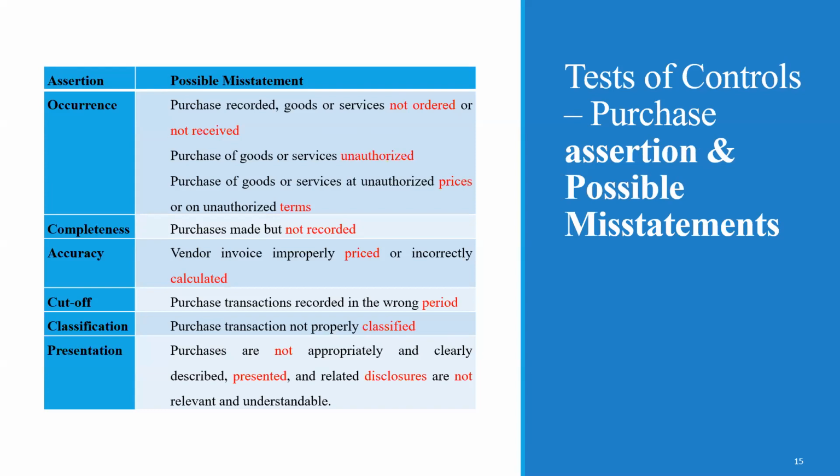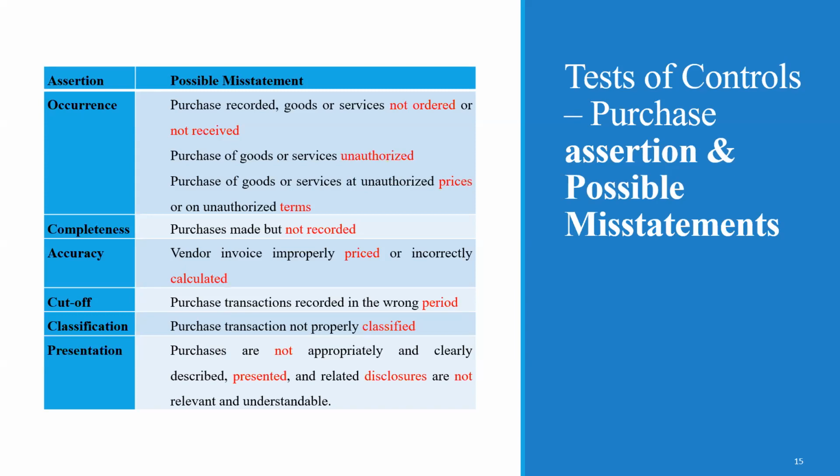Completeness means we want all the transactions included and recorded. As we mentioned before, for the purchase cycle, the central document, the invoice, is not initially pre-numbered, so we need to create our own voucher system.